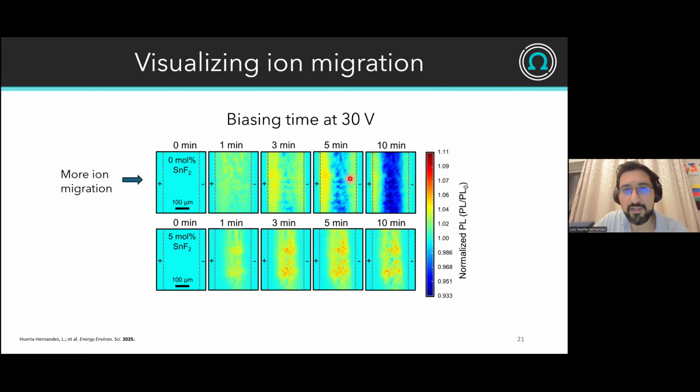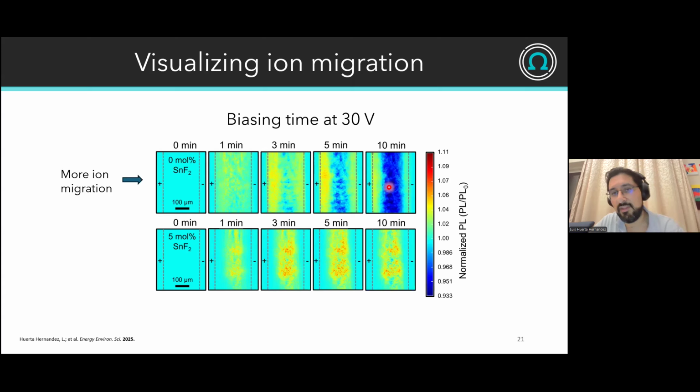We also visualized if this effect can be observed with PL. We set a sample without tin fluoride, and then we track the PL changes versus biasing time. You see the sample without tin fluoride, where we expect more ion migration, shows a quenching in the middle of the channel after 10 minutes.